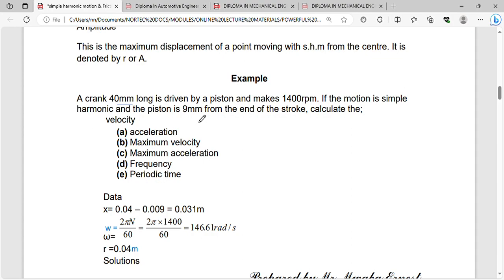So as a result, we cannot use this 9 millimeters as X. And the 40 millimeters, converting it to meters, we said we divide by what number?